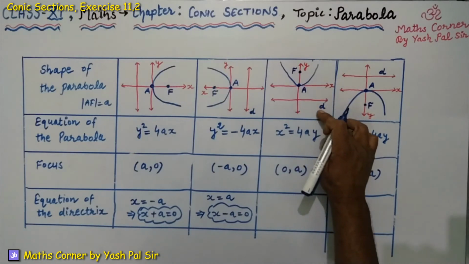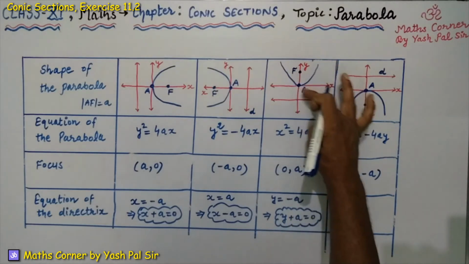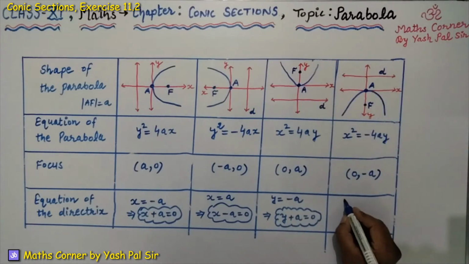In third parabola, upward parabola, directrix is at minus a distance below x-axis, so we write it as y is equal to minus a. So this gives us y plus a equal to 0 is the equation of the directrix in case of upward parabola.